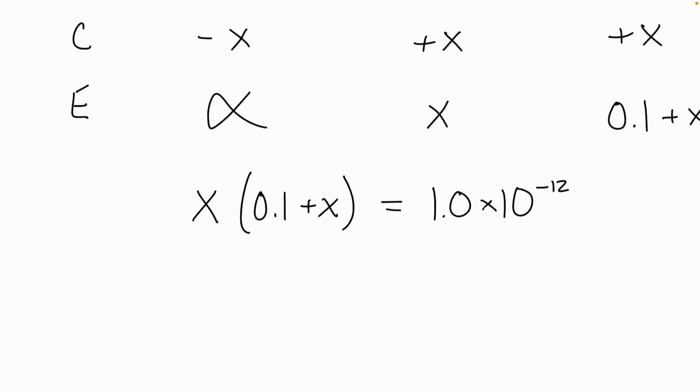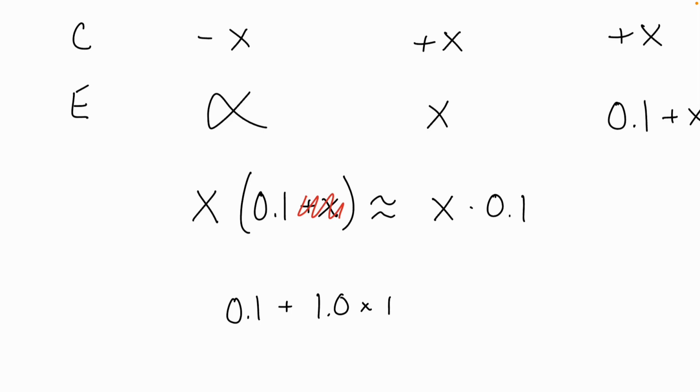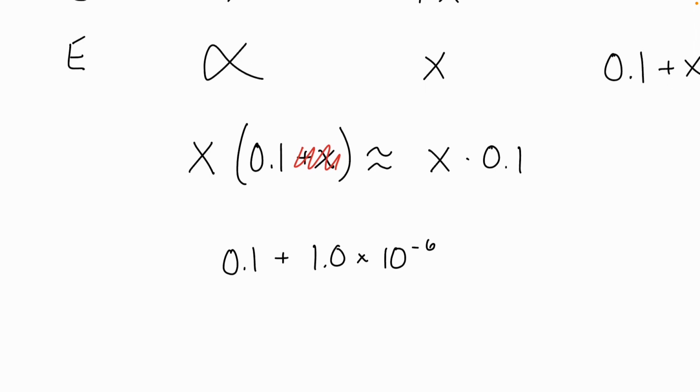So what we're going to be able to do, similar to what we saw in our weak acid, weak base problems, is say that this is about the same thing as X times just 0.1. We can assume that this right here is going to be so small, it's going to change that number a very, very small amount. You can convince yourself right now by punching into your calculator 0.1 plus 1 times 10 to the negative 6.